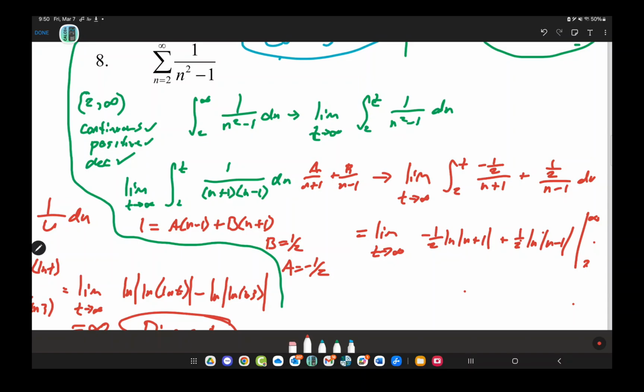Now, here's the fun part. Do you remember your rules of logarithms? What do you do if you're adding or subtracting?